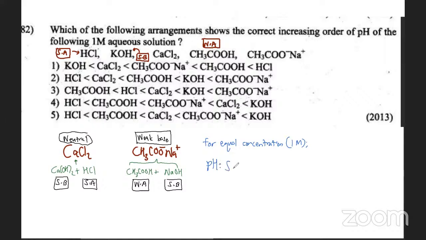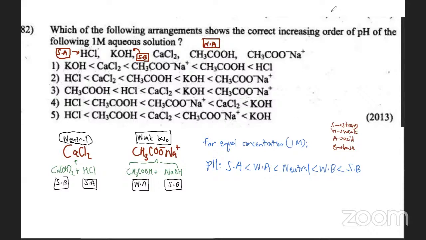The strong acid is going to have the smallest pH, then weak acid, then neutral, then the weak base, and finally the strong base. If you're wondering what these letters are, A stands for acid, B stands for base, W stands for weak, and S stands for strong. This is how it's going to go, right? Then we have to find this order and arrange them.